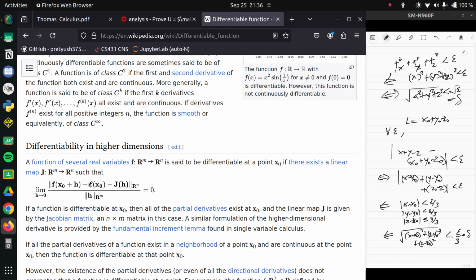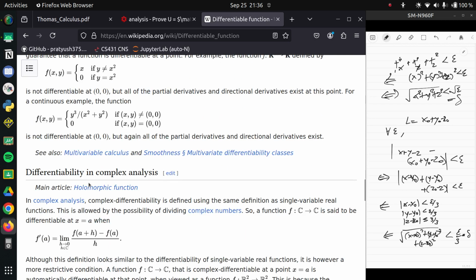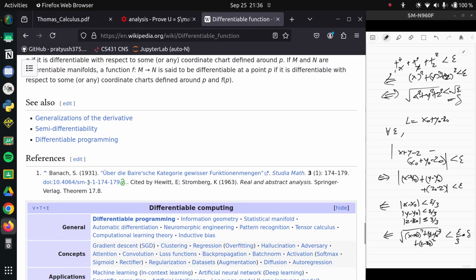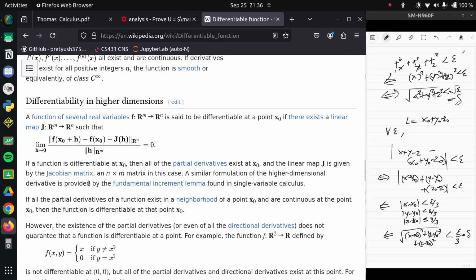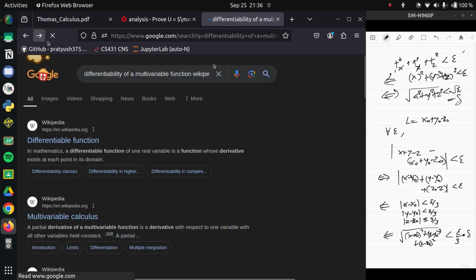So this ratio, so j of h. That's kind of a more complicated definition than what I thought. Complex analysis, no, I just want, yeah. Okay, this isn't what I want. Let's go to the epsilon delta.